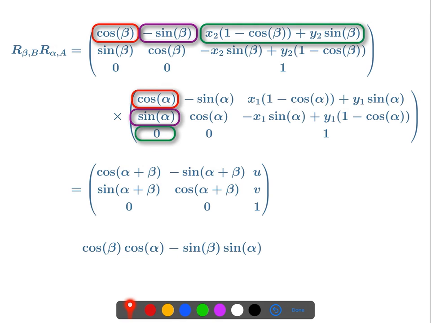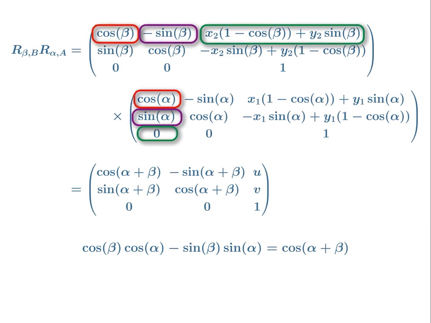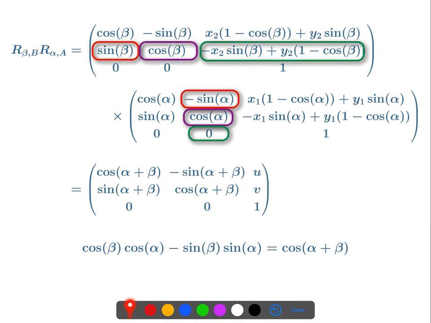Okay, while we have this on the screen, let's look at the second row and second column and see if we also have cosine of alpha plus beta. So I want to take the second row here and the second column here and see if that product is also the same. In fact, we have a minus sine alpha sine beta and a cosine alpha cosine beta that we're adding together, as well as 0.